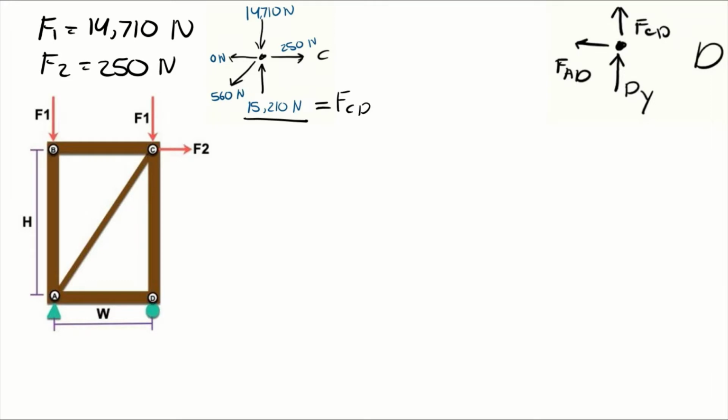Now, since forces have to be equal and opposite, the arrow that I have drawn for F sub CD at joint D cannot be going in the same direction as the arrow that I have drawn at joint C. So based on my analysis at joint C, I know that the force F sub CD is pushing towards joint C, which means that the force at joint D, being equal and opposite, needs to be pushing towards joint D. So the F sub CD arrow at joint D should be pushing down onto it rather than pulling away from it.